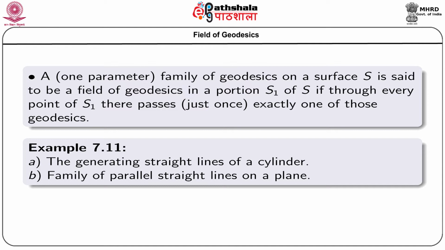And for a plane, we know that a straight line is a geodesic on a plane. So, a family of parallel straight lines on a plane will form a field of geodesics. So, with these examples we can visualize the field of geodesics.